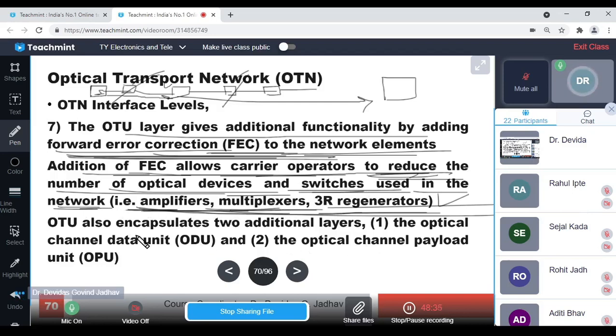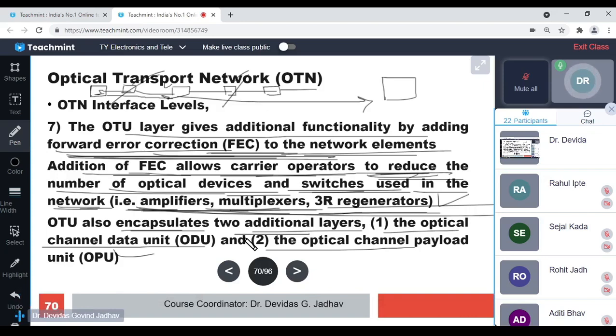The OTU also encapsulates two additional layers, that is, the optical channel data unit, ODU, and the optical channel payload unit, OPU. So the OTU layer has these two layers along with the additional forward error checking.